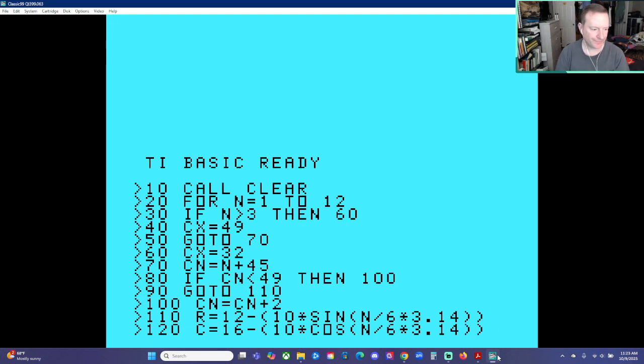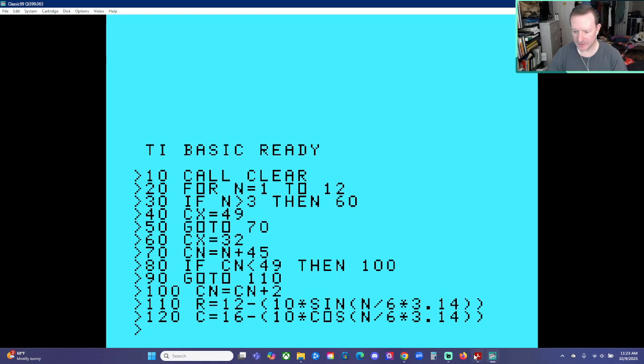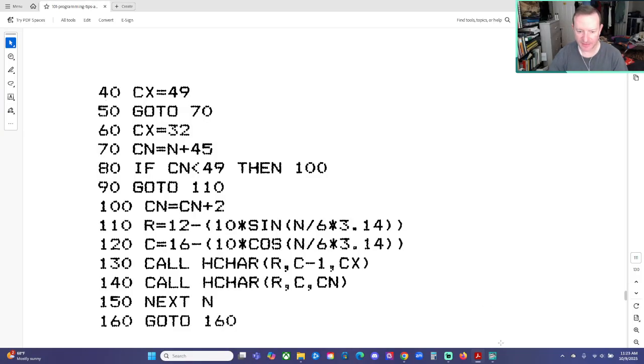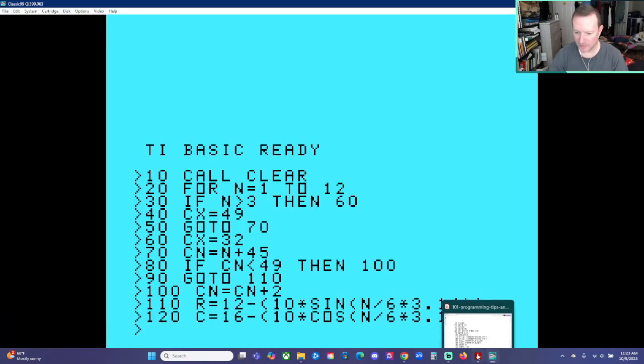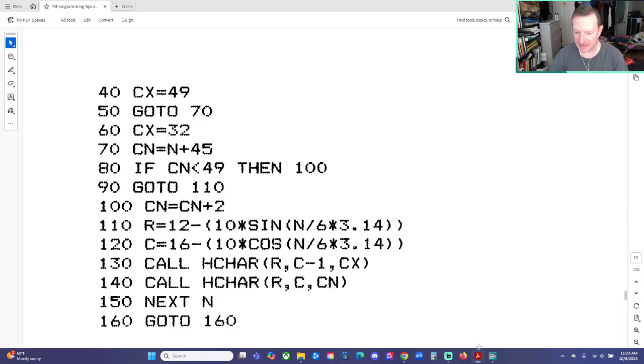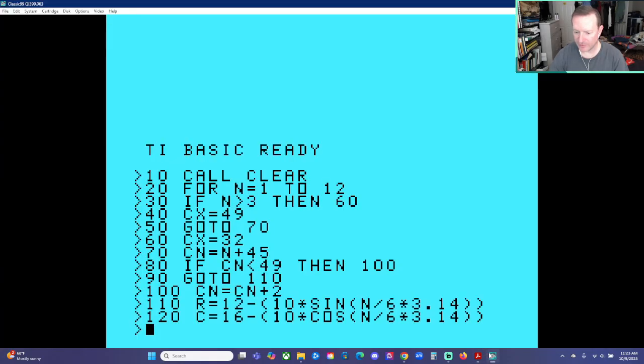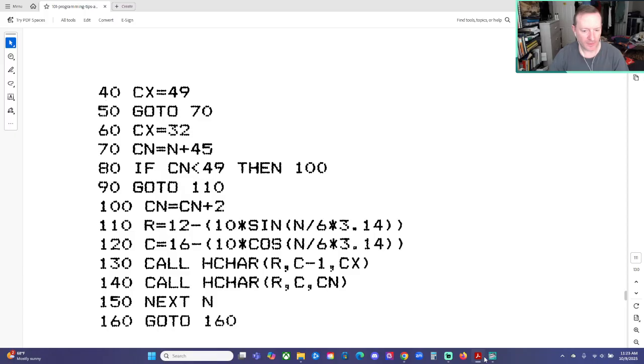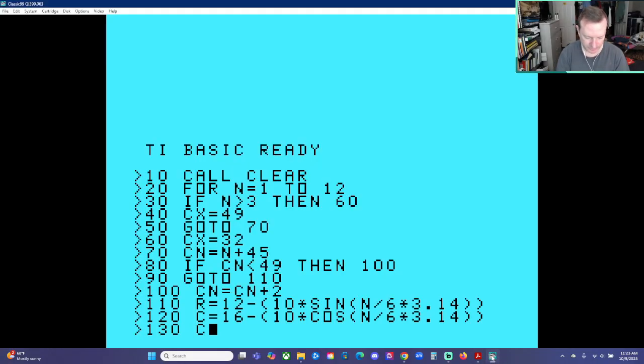Boom, boom. Let's just take another look at it. C equals 16 minus 10 times cosine, parentheses, n divided by 6 times 3.14. Looks good. Okay, 130, call HCHAR.